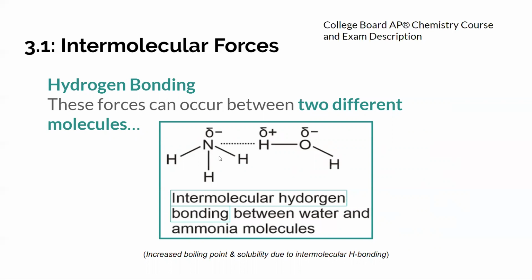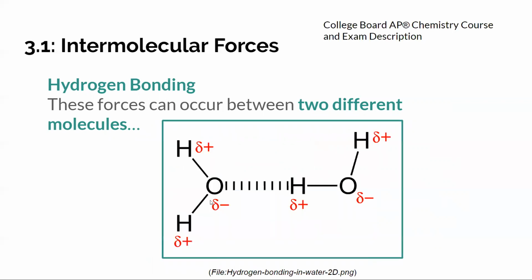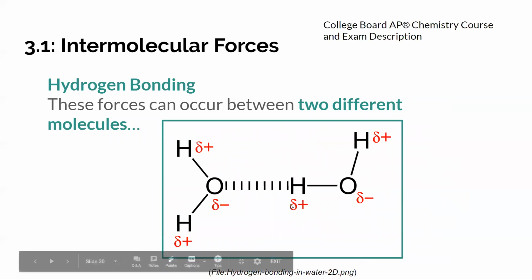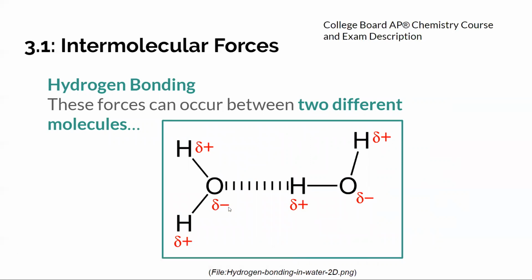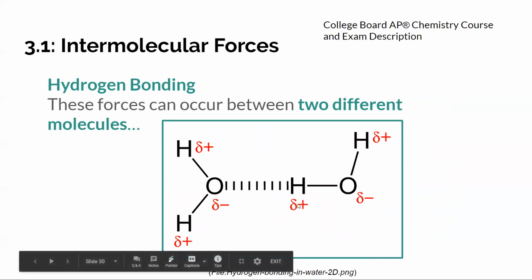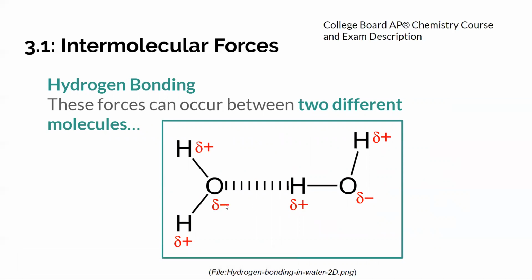It creates intermolecular hydrogen bonding between two molecules. And again, these are just two water molecules. The partially positive end attracts to the partially negative end, oxygen being one of the NOF. So these forces obviously can occur between two different molecules, as shown here.